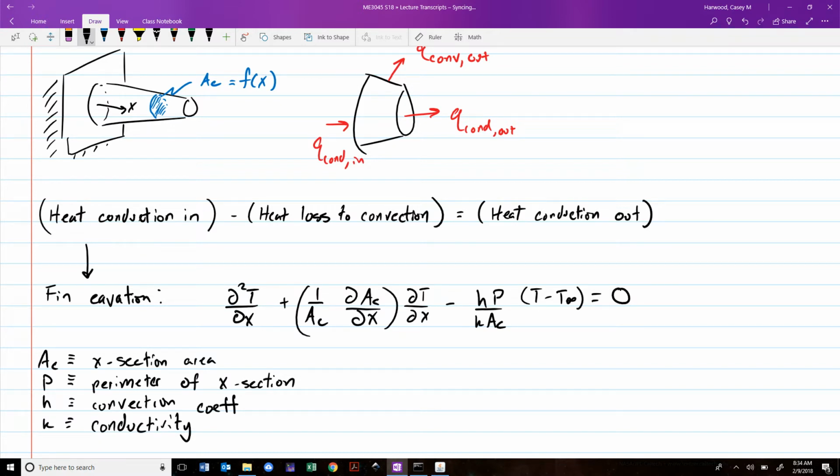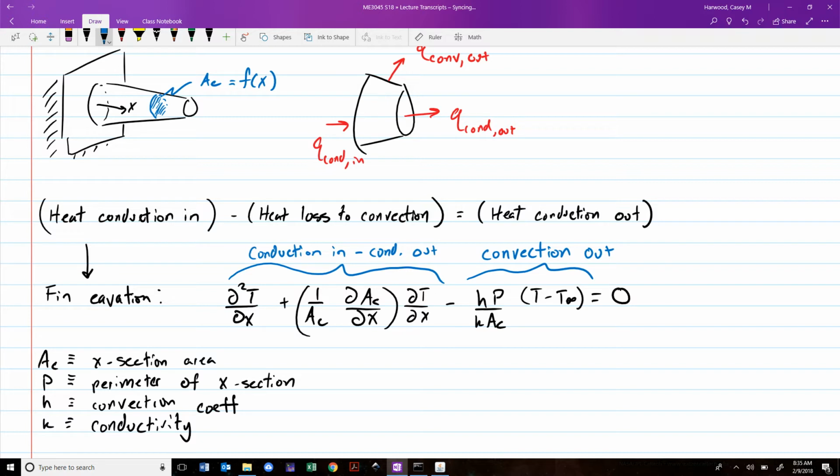Relating this equation to the word version above, the first two terms give us the conduction in minus conduction out, and the last term gives us convection out.